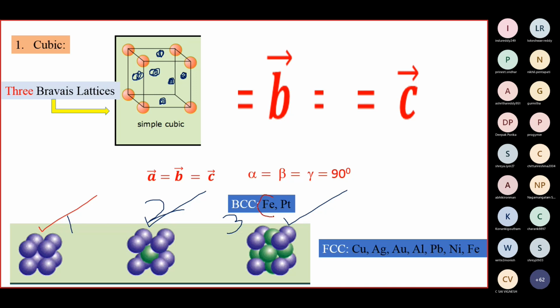Look here. We have iron in the given example in BCC as well as in FCC. What does that mean? Iron crystallizes as a body-centered structure as well as a face-centered structure. How is it possible? It's an allotrope, sir.